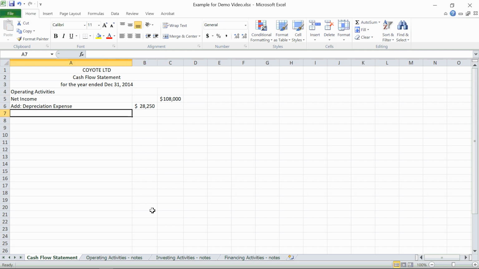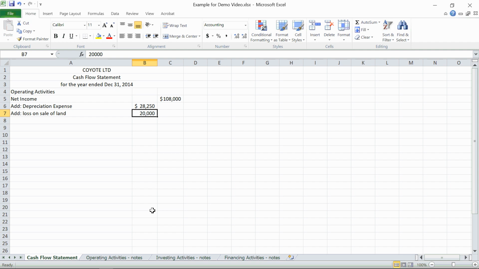So this loss has already been deducted, but it was not cash. So I'm going to add back the loss on the sale of land, and we're lucky that we're told here how much it is, so we don't have to go and calculate it. If we had a gain on sale of land, we would subtract it here, but we don't.